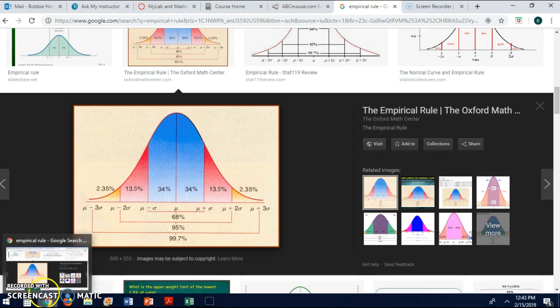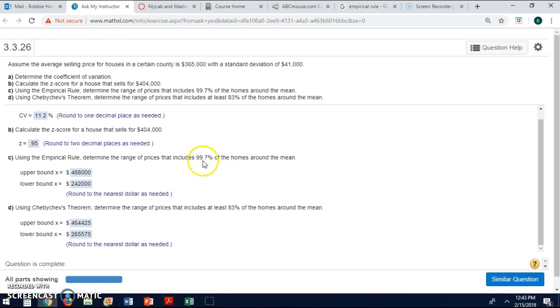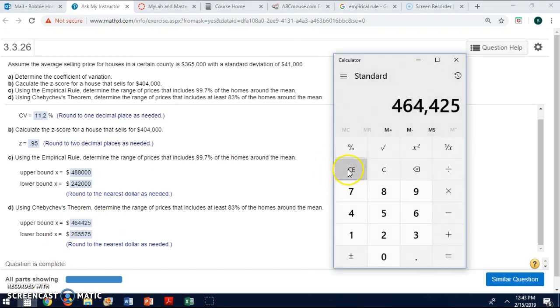So let's go back to the actual problem. First of all, I know now that I'm going to take the standard deviation and multiply it times 3. If you take your standard deviation of 41,000 and multiply it times 3, you get 123,000.